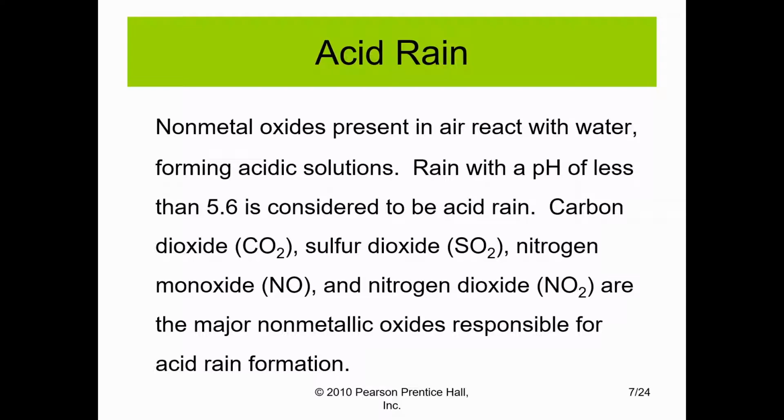And these molecules are responsible for acid rain formation because as they enter the atmosphere, they can react with the water molecules and form carbonic acid, sulfuric acid, and nitric acid in the atmosphere. When we look at the chemistry of the air, we'll look at these reactions in a little bit more detail.